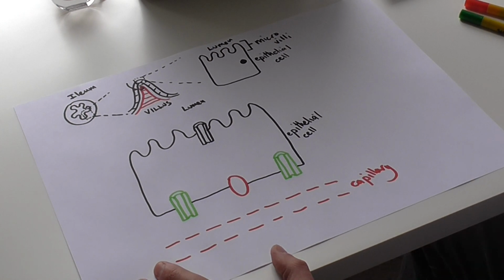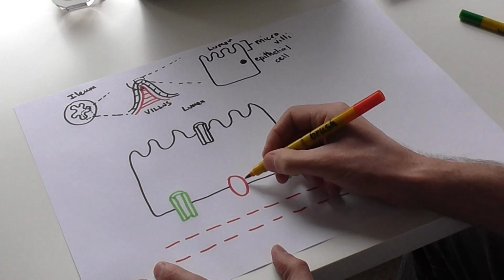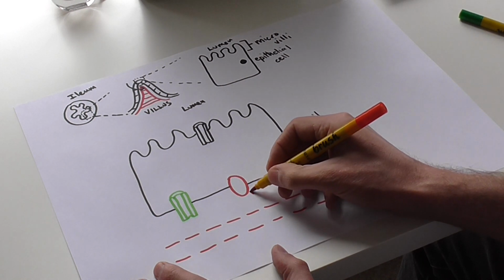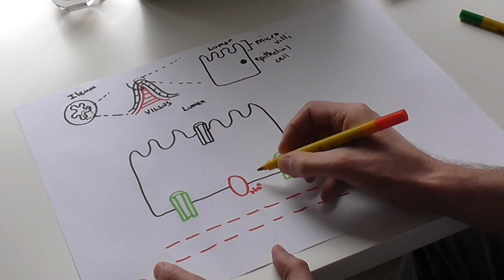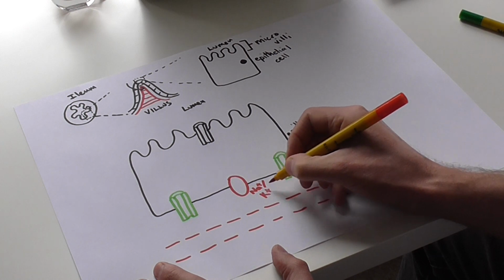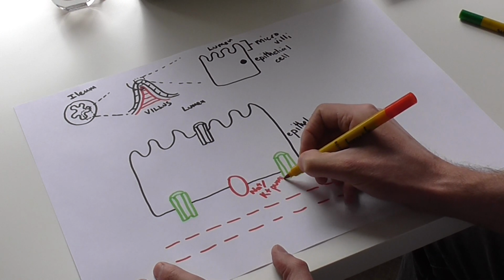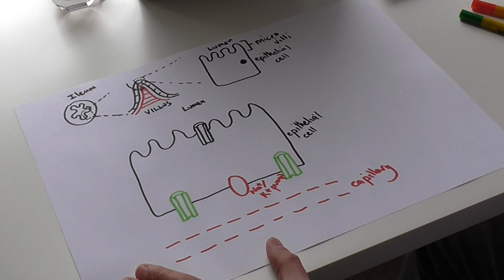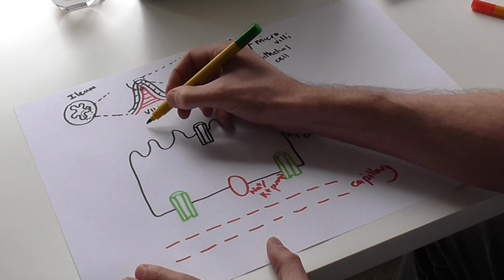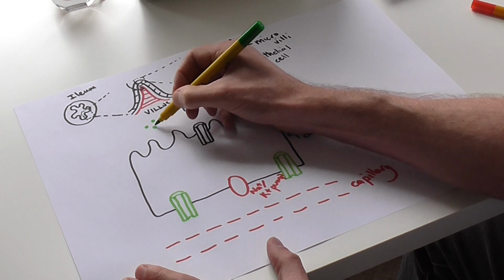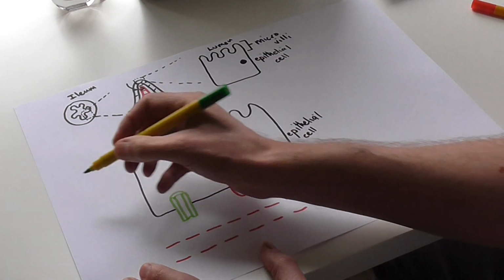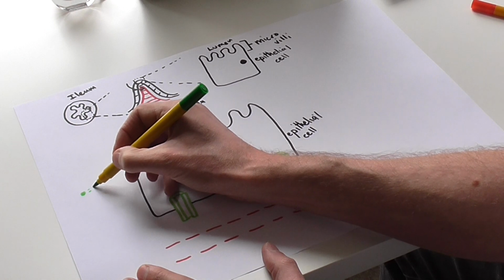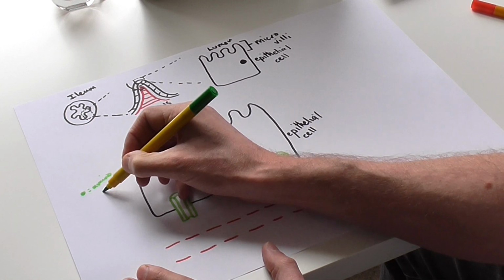Right, the whole process is going to start off with this carrier protein, which is called a sodium ion, potassium ion pump. It's going to do active transport. We also need to remind ourselves that within the lumen we've got amino acids. So if I put a little key on the side over here, those are amino acids.